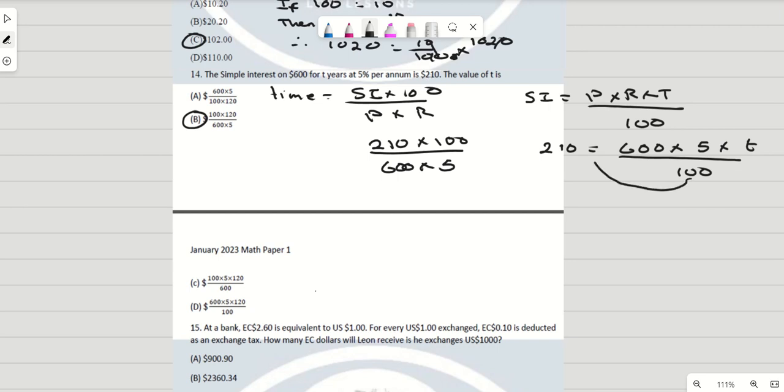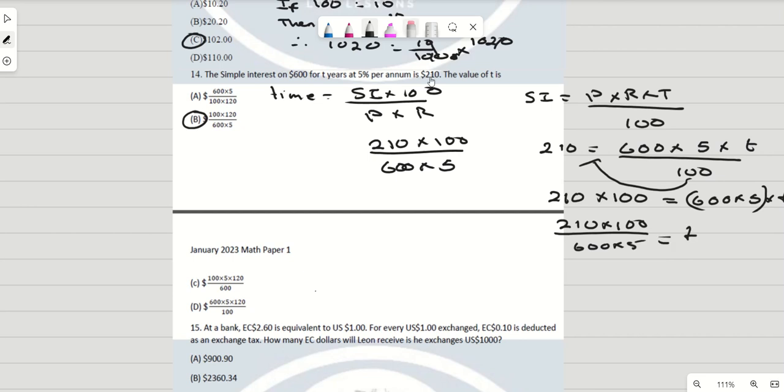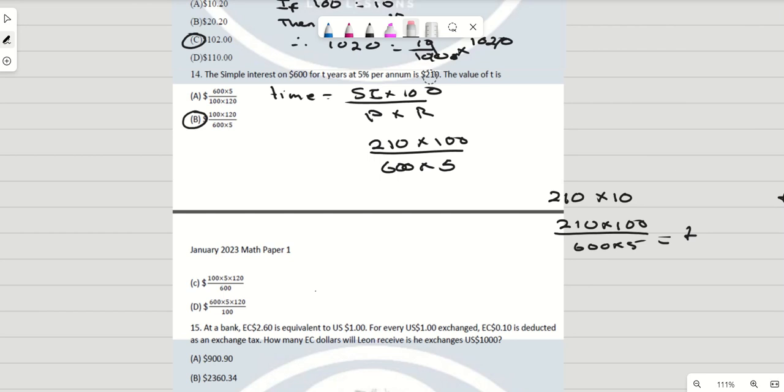First off, you're going to carry across divide by 100, so it's going to be 210 multiplied by 100 is equals to 600 multiplied by 5 multiplied by T, right? So if we carry across 600 multiplied by 5, it will turn to 210 multiplied by 100 divided by 600 multiplied by 5 is equals to T, and that is your answer, right? If you don't remember the formula, there are different ways that you can do it, right? Let's erase this.